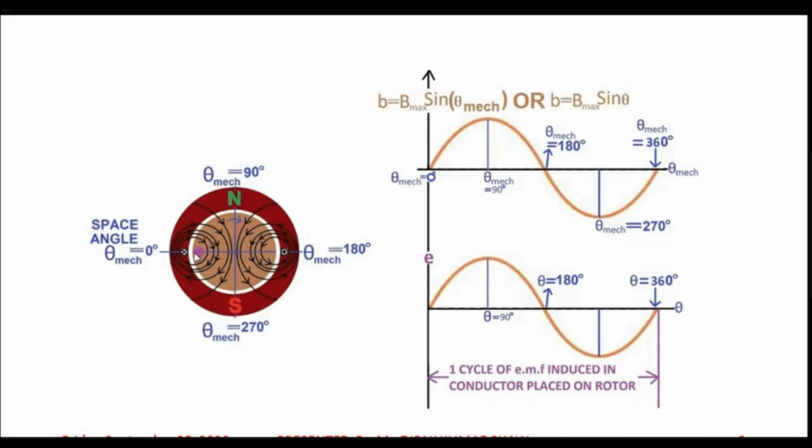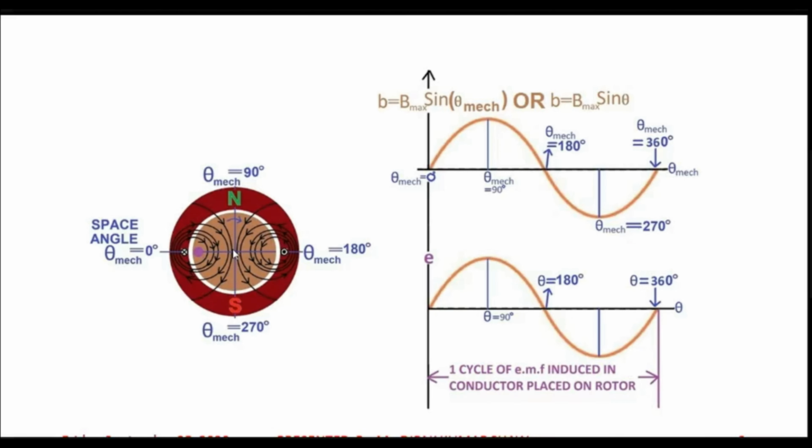So what will happen? The tangential velocity or the tangential speed for the conductor which is placed on the rotor will also be constant. You can simply find the tangential velocity V for this conductor by using the formula V equals pi d n, where d is the diameter of the rotor and n, which is small n, is the speed of the rotor in rps, that is revolutions per second.